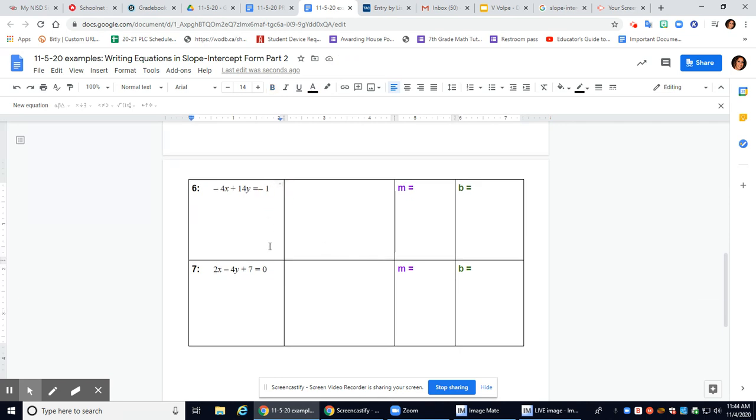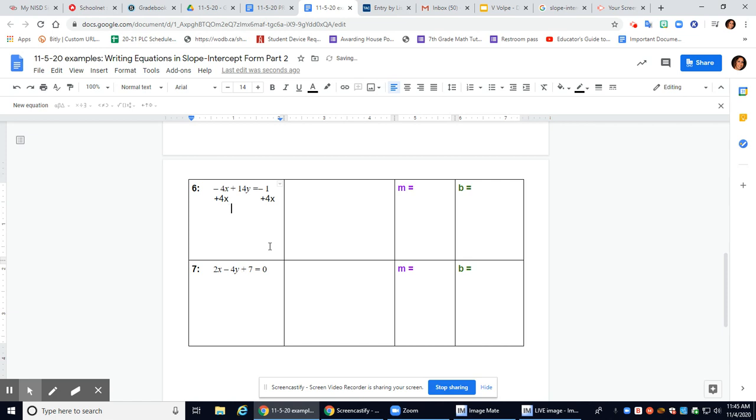Negative 4x plus 14y equals negative 1. Well, on the side that has the y, I've got quite a few things going on, so I first need to cancel out the x term. That negative 4x, to cancel it out, I have to do the opposite. So plus 4x on the left side of the equal sign, and plus 4x over here.